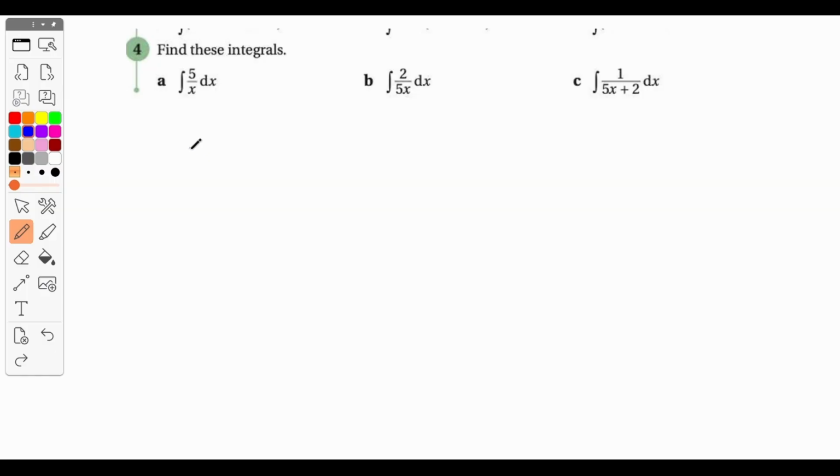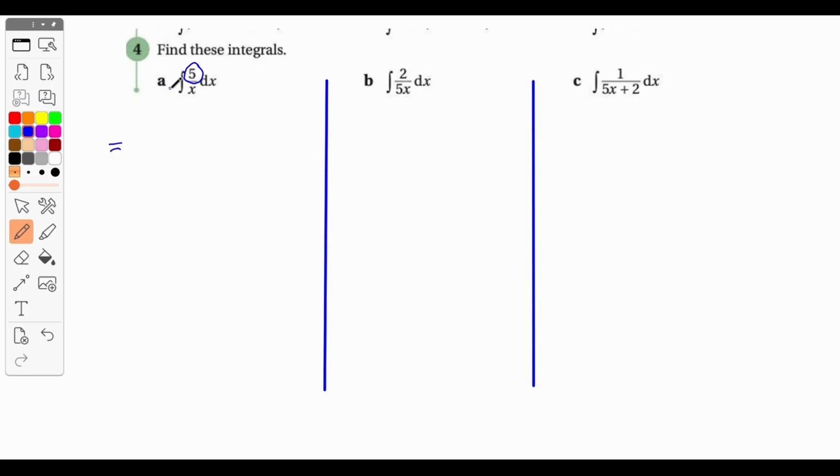One more question. Here, question A, we need to integrate 5 over x dx. This one could be written like this. You can take this 5 outside the integral sign. 5, the integral of 1 over x dx. Because you know 5 times 1 is 5.